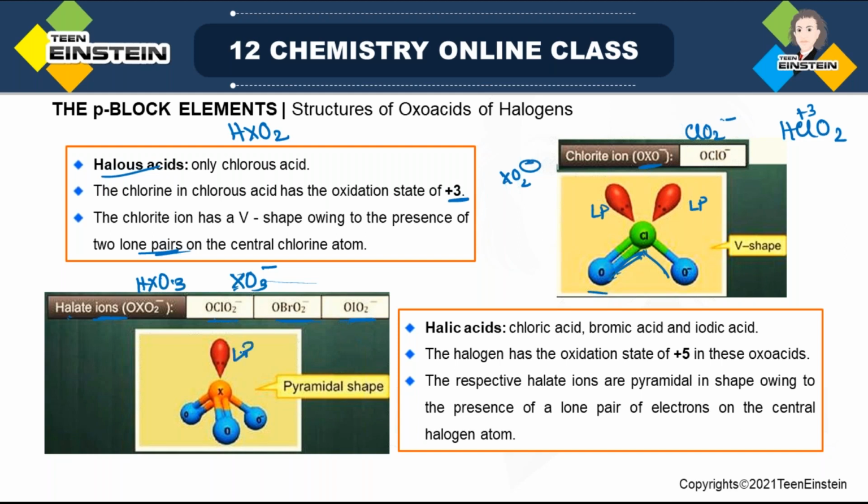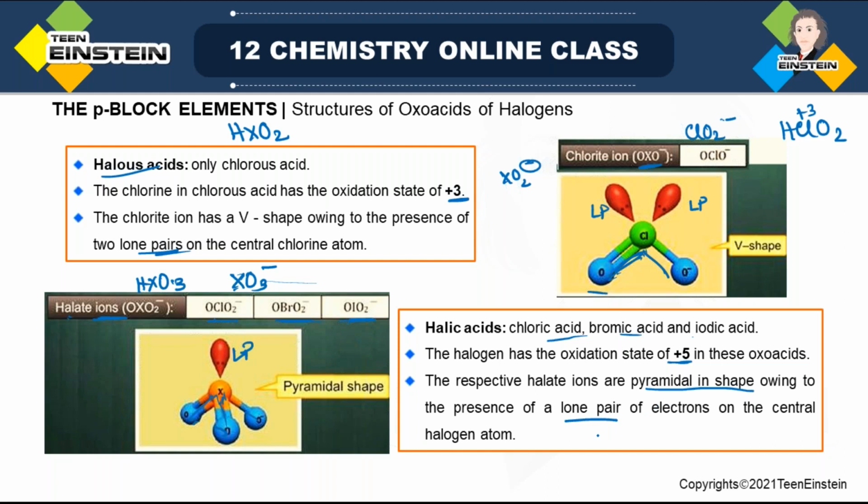Here we have only 1 lone pair, and this is sp3 hybridized, so the geometry is always tetrahedral, but without the lone pair the shape is pyramidal. Oxidation state is +5. It is pyramidal in shape, but the actual geometry is tetrahedral. Only 1 lone pair.